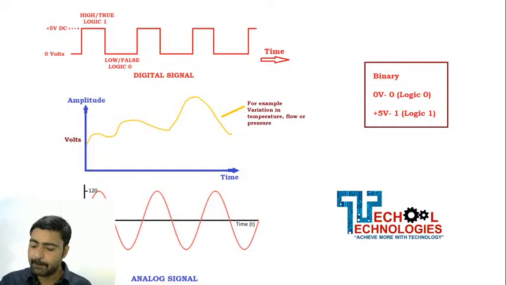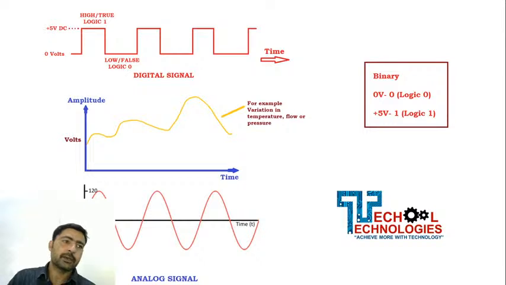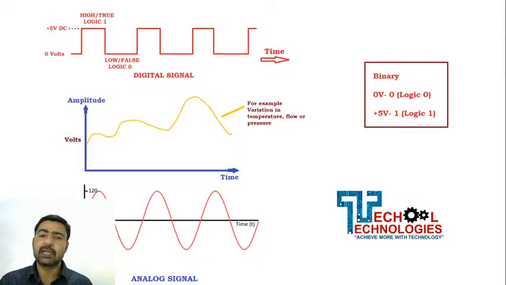As I told you in my previous session also, whatever technology or concepts we are using in our daily lives, all of the concepts were taken or discovered or revealed from nature only.